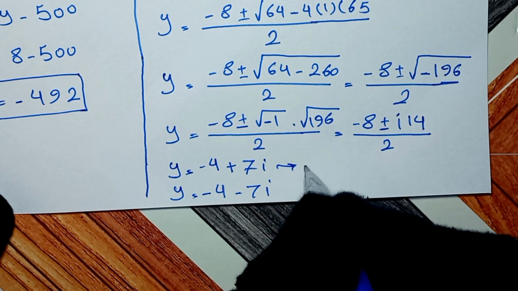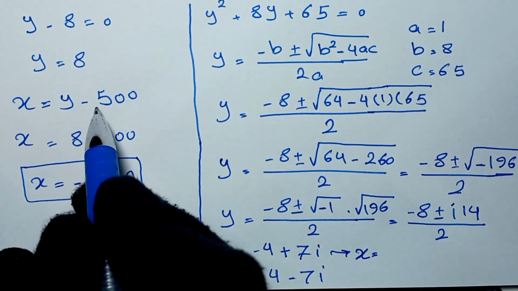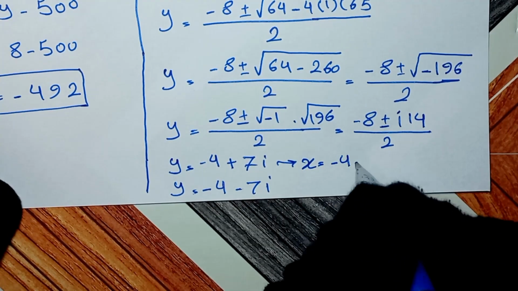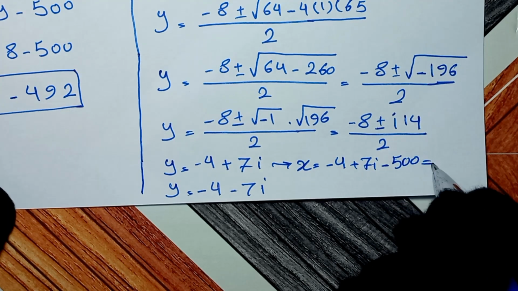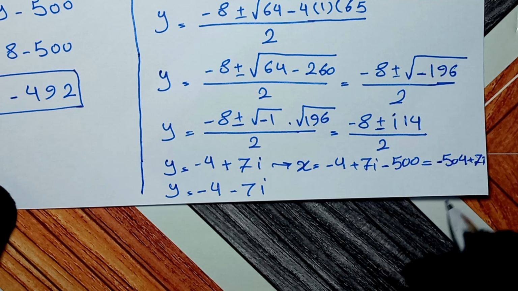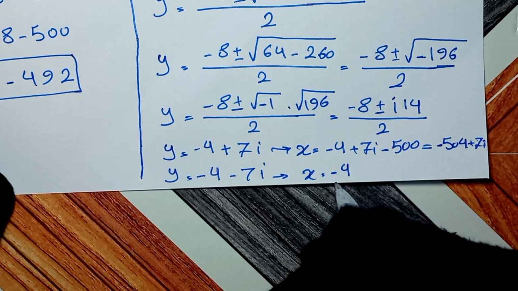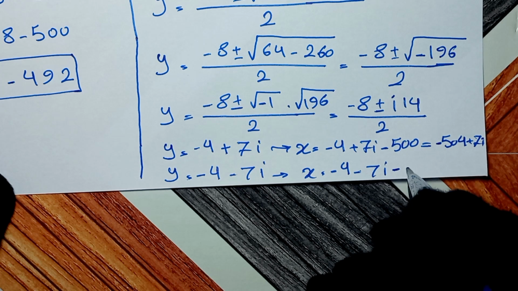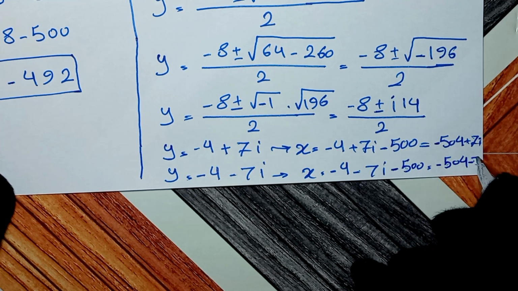And from here, x is y minus 500, right? So y is negative 4 plus 7i, minus 500, and that is equal to negative 504 plus 7i. And from here, x is negative 4 minus 7i minus 500, which is negative 504 minus 7i.